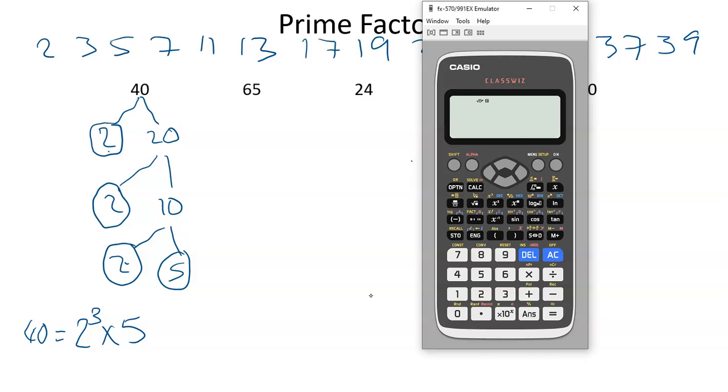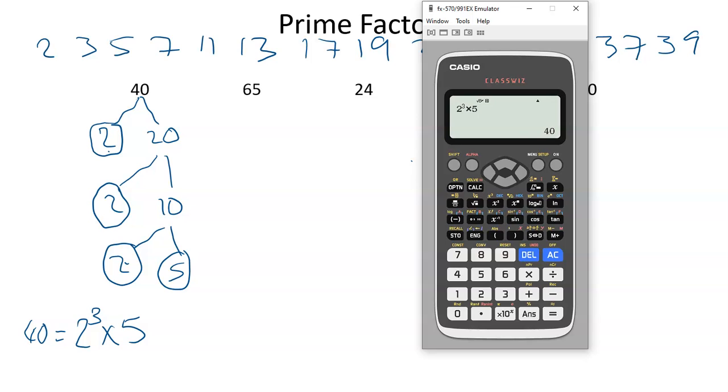And a good way of checking is to type this in. So 2 to the power of 3 times 5, and you check it, and it gives you 40, and you think, great, I got it right. That is the prime factorization. And you might hear a phrase that's give your answer as a product of prime numbers, or write the number 40 as a product of its prime factors in index notation.